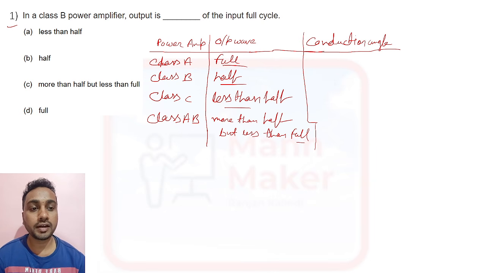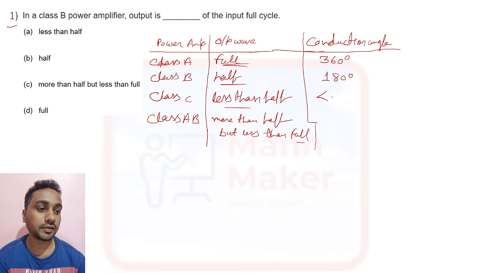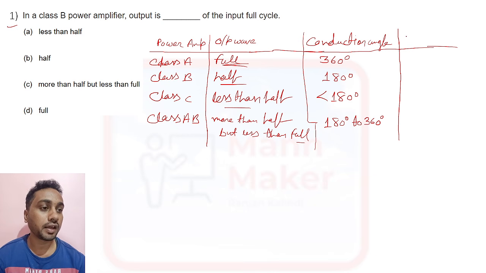In class A amplifier, it is a full waveform in output, so the conduction angle will be 360 degrees. Class B is a half waveform, meaning 180 degrees. Class C is less than half, meaning less than 180 degrees. And class AB is more than half but less than full, so the conduction angle will lie between 180 degrees to 360 degrees. This thing also you need to remember about the conduction angle of amplifiers.